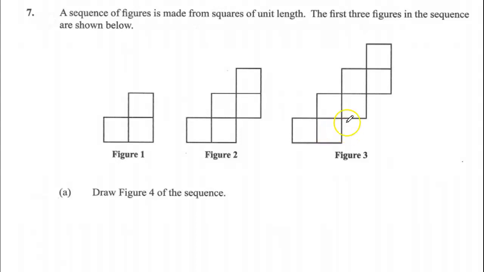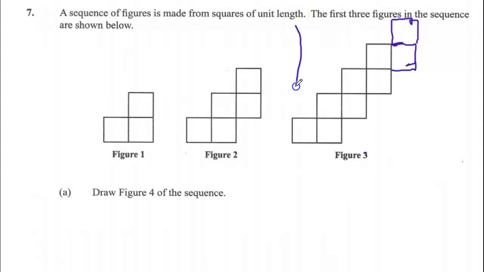So if we were to draw figure 4, of course you'll draw back figure 3. So figure 4 will be this. So you add in, so the amount of squares increasing by 2, right? So that would be 1, and then 1 more there. 1 more there.